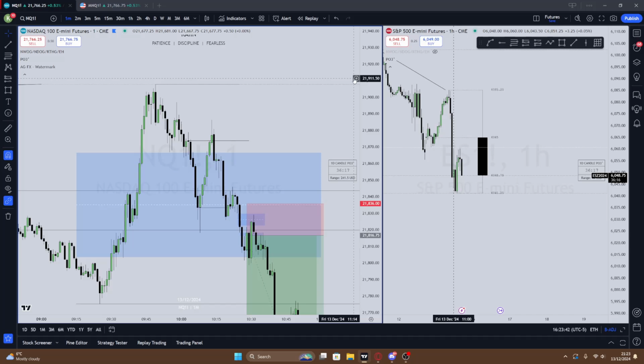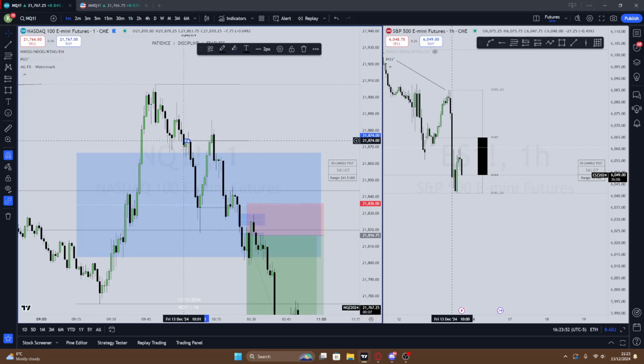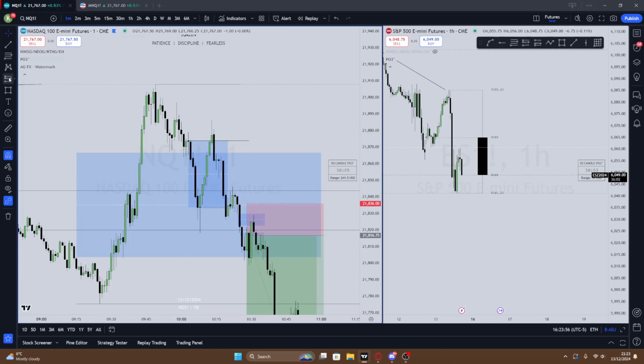I was stopped out. My stop loss was at the mean threshold of this order block, or just below the mean threshold.